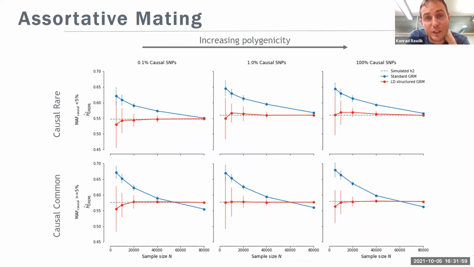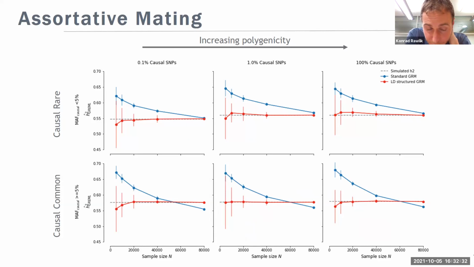From left to right, you have different levels of polygenicity: either 0.1% of all SNPs are causal, or all SNPs are causal, meaning a fully polygenic trait. At the top, you have traits where the causal variants are rare, that is, their minor allele frequency is under 5%. At the bottom, you've got more common causal SNPs, so all causal SNPs have minor allele frequency more than 5%.